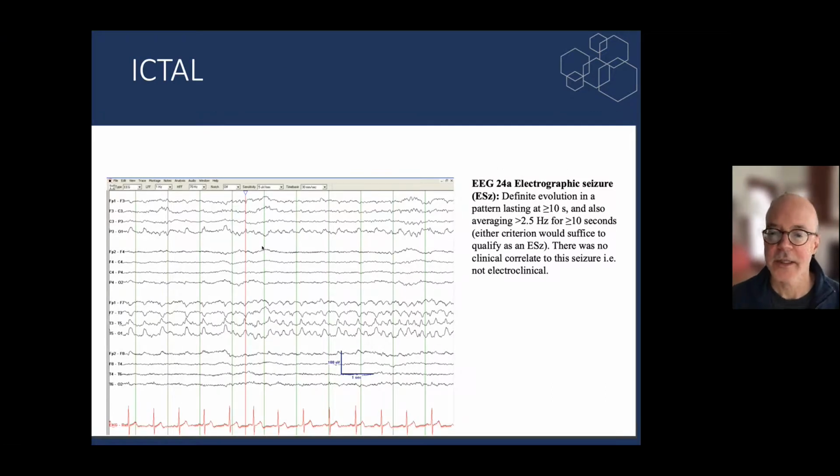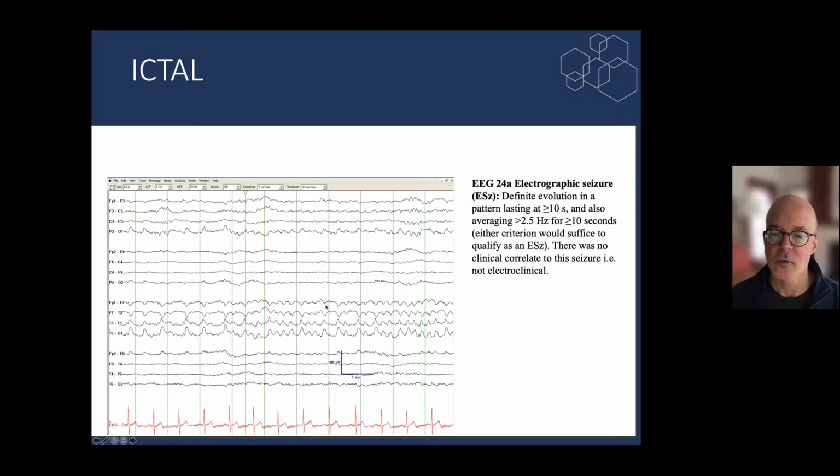Now here's the electrographic seizure. Here you're seeing the sharp waves building up, and see how it's getting more and more spiky. It's also evolving in several different ways. The morphology is changing, and the frequency is becoming more frequent, which is another way it's evolving.